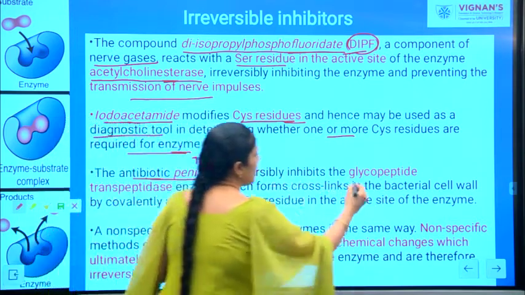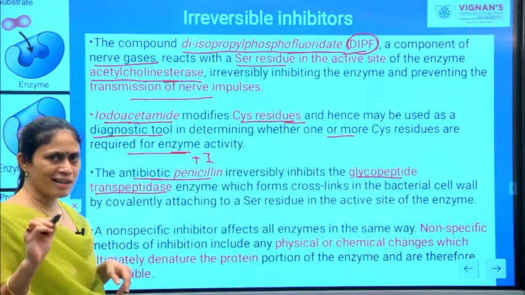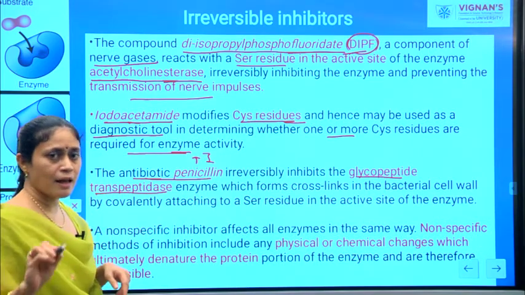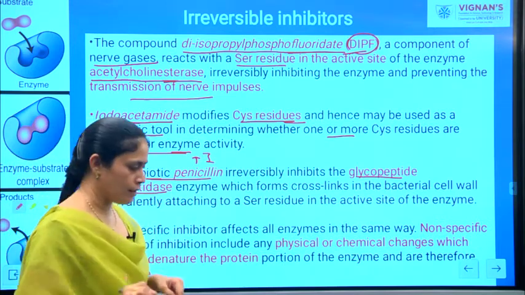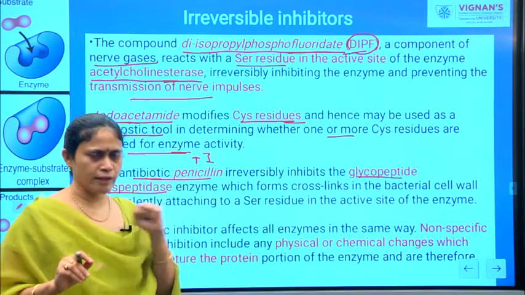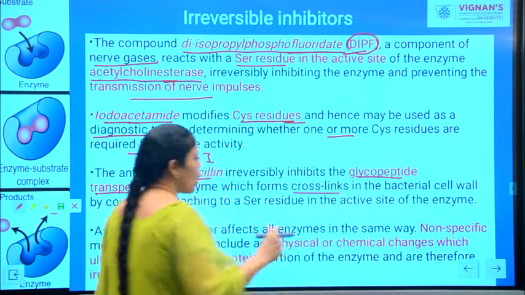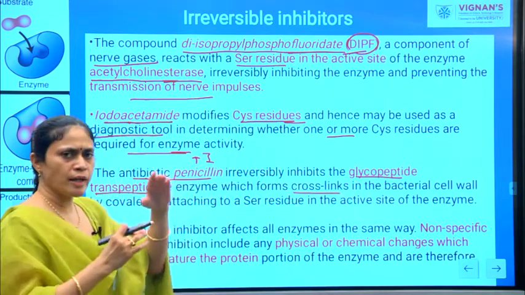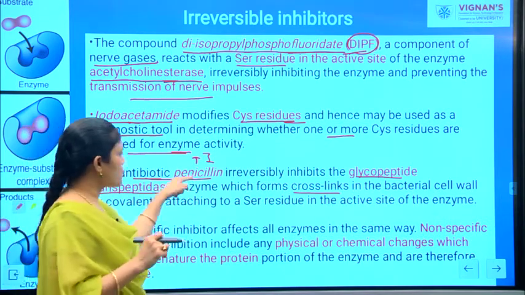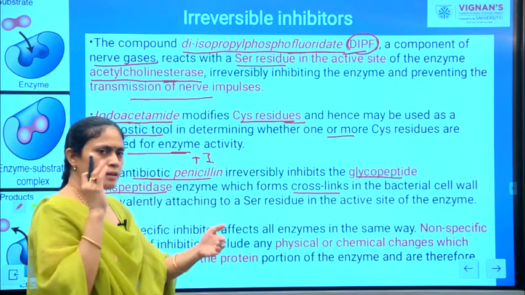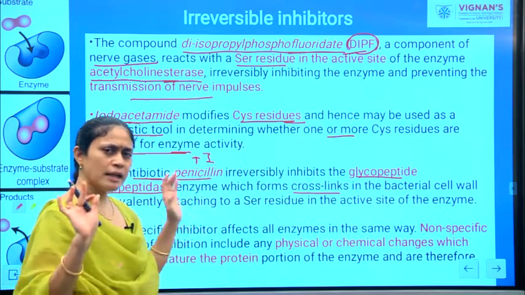It is glycopeptide transpeptidase, which is getting affected by your inhibitor penicillin. How does penicillin affect this particular enzyme? Generally, this enzyme is involved in forming cross linkages between NAG and NAM units present in the cell wall. Because of penicillin, there is no proper formation of your cross linkages.